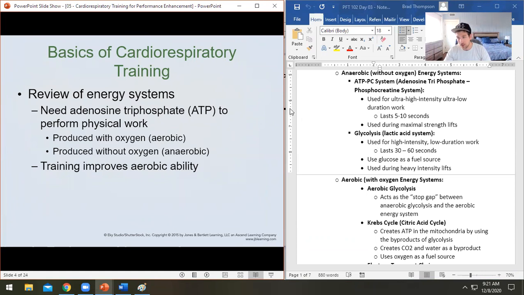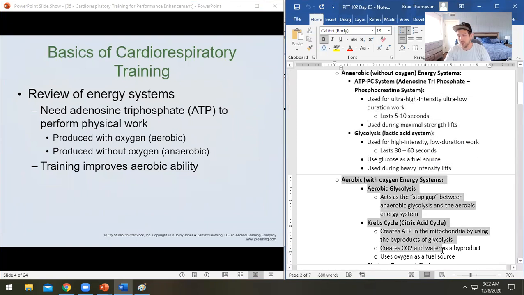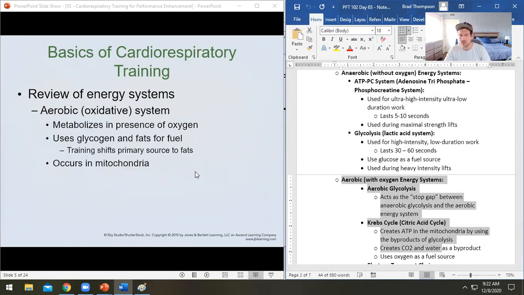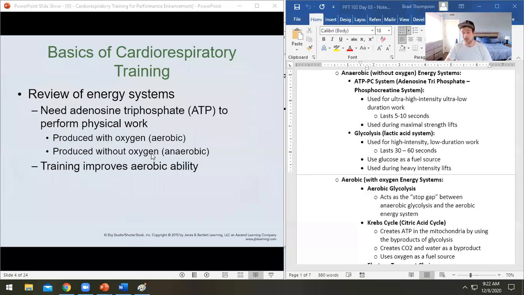So we need ATP to do work. We have our anaerobic energy systems, which we're currently talking about, and we have our aerobic energy systems, which is like our long duration stuff that we're going to talk about. You make all of this energy within all of your cells. All of your cells have the ability to produce this energy, but there are a couple of different places where we make it. The anaerobic stuff is happening just in your cells in general.